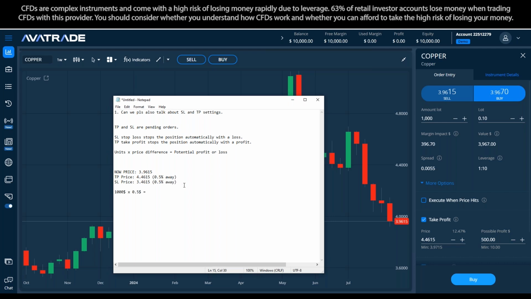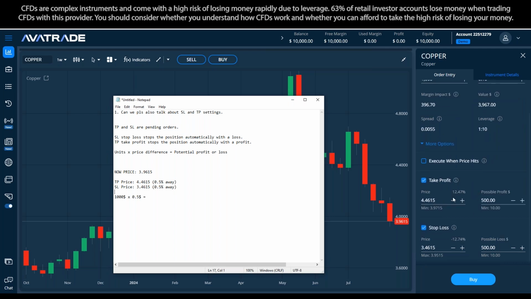I mean, how simple is that? And then we're going to compare just this and that, and we will see that this is a $0.50 difference. And because we have 1,000 units and we are looking at half a dollar, it's simply, like you guys wrote in the audience, $500.